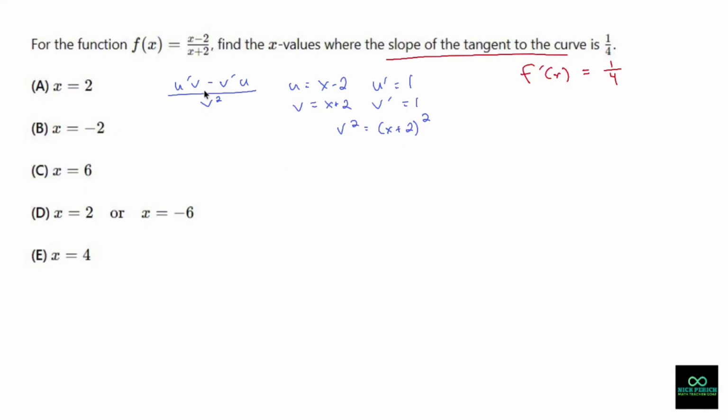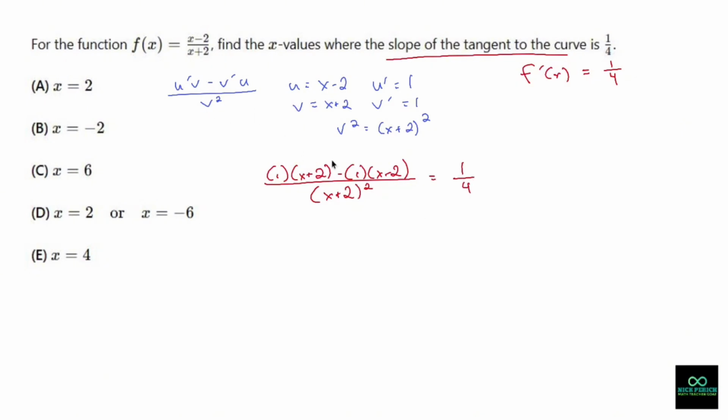All right, so let's put it all together. f prime of x is going to be u prime v, so 1 times (x plus 2), minus v prime u, so 1 times (x minus 2), over (x plus 2) squared, and that's going to equal 1/4.